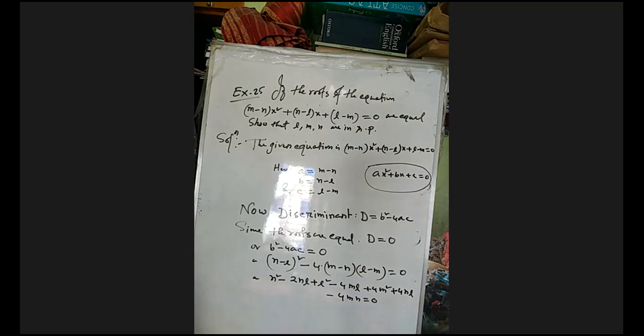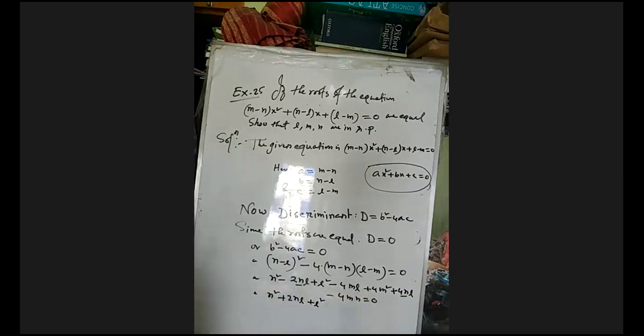Now next we have to take the m square terms, then n square, then the nl terms: minus 2nl plus 4nl gives plus 2nl, then plus l square.